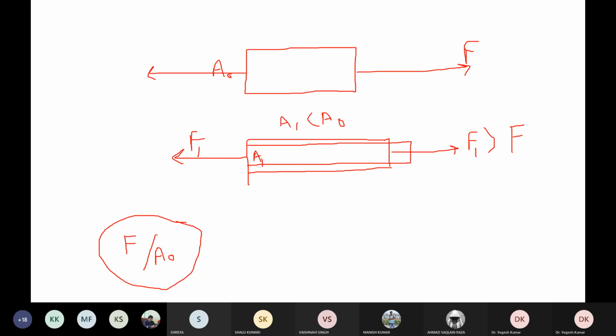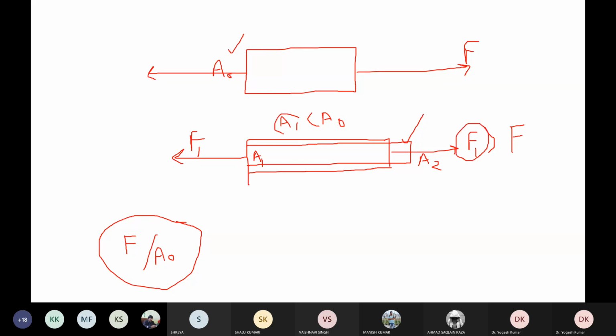Now your cross-sectional area will become A2. So what you will see is that your original cross-sectional area was A0, then A1, then A2, and as you keep increasing your force, your cross-sectional area will reduce. If you see the actual condition of the specimen, suppose you have applied force F1 on cross-sectional area A1.